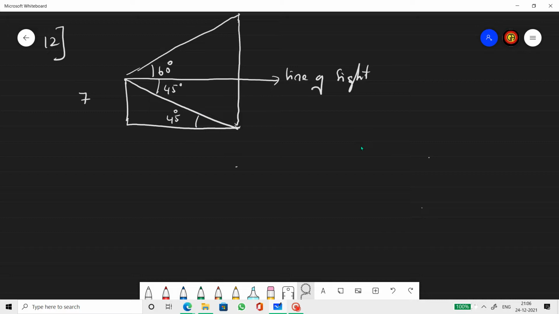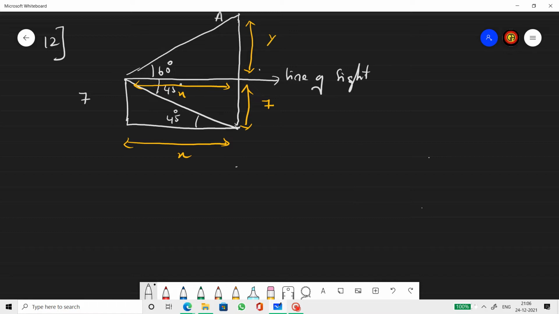Now they want us to find the height of the tower. So I'm going to take this as x. So therefore this will also be x. This is 7, so this will also be 7. And I'm going to assume this as y. Assumption is completely optional.